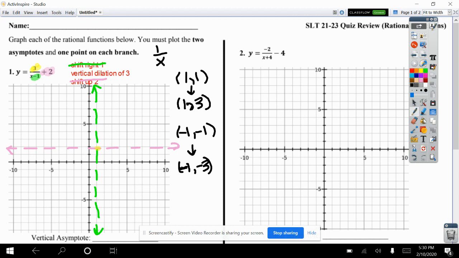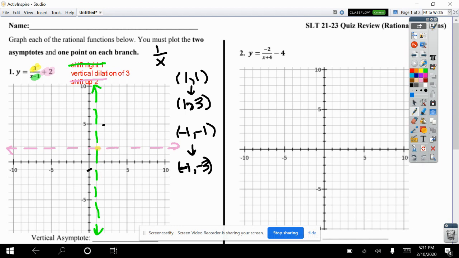So that tells me the direction I need to go in from my new origin and how many units to go. So the 1, 3 tells me to start at my new origin, go right 1 and up 3. That gives me a point. The other one tells me to go left 1, down 3, and that gives me another point.